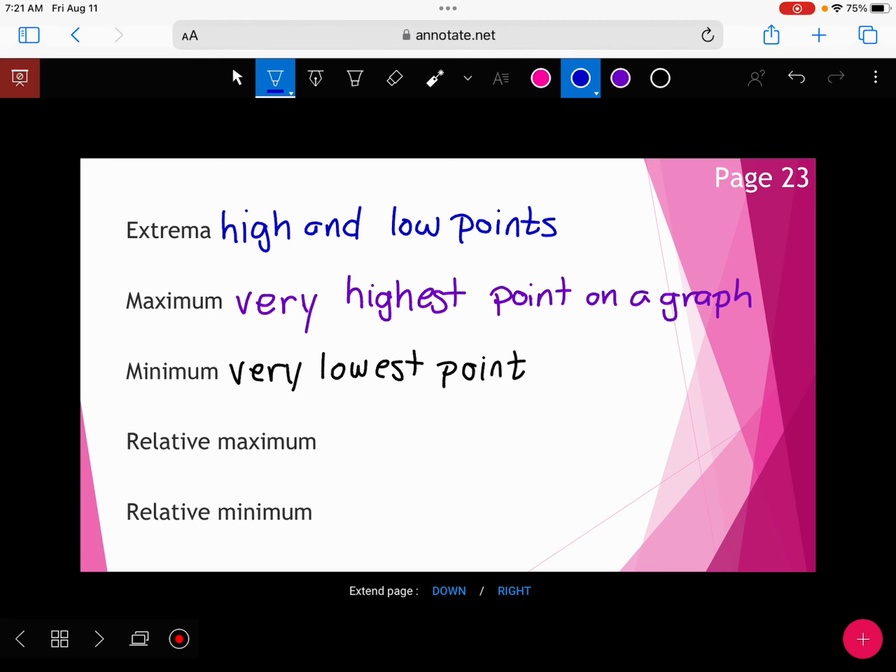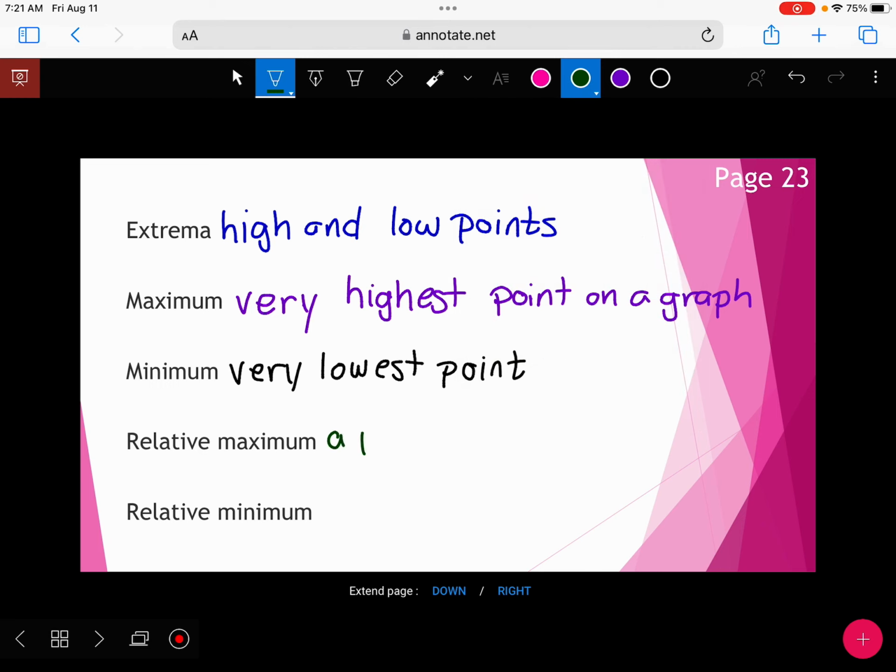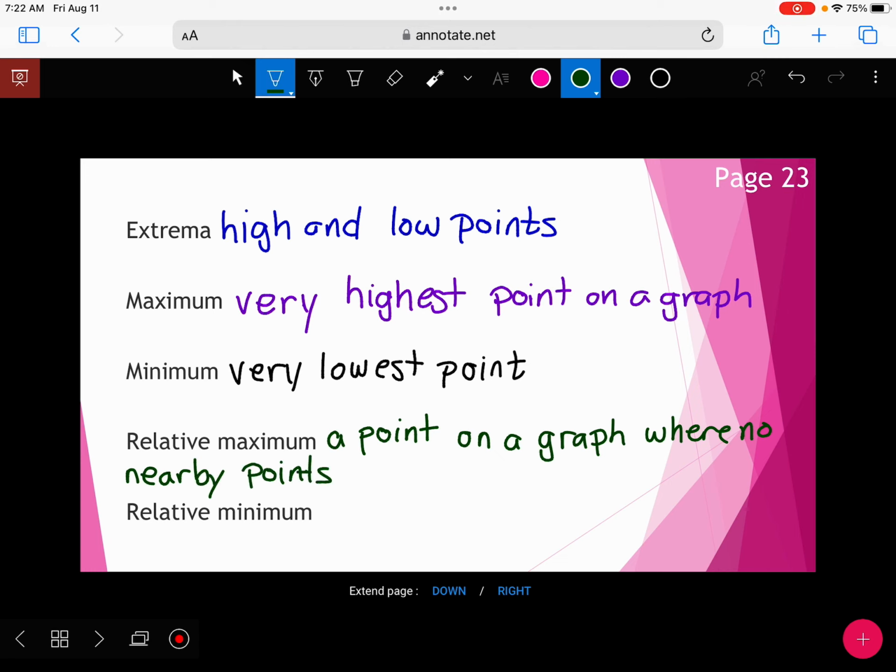So a relative maximum is a point on a graph where no nearby points have a higher y value.